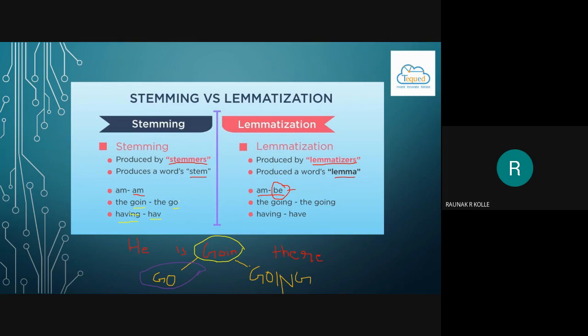But when we give the same word having to the lemmatizer, it removes the suffix and checks if the word has any meaning. That is, it compares the root formed with the words in the dictionary. Since there is no existing word in the dictionary which spells as HAV, the closest word to this is given as the lemma, that is HAVE, have.